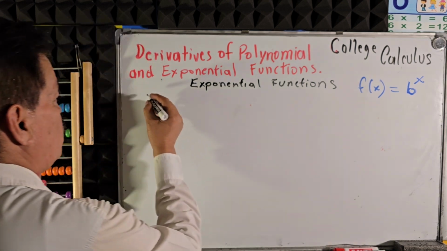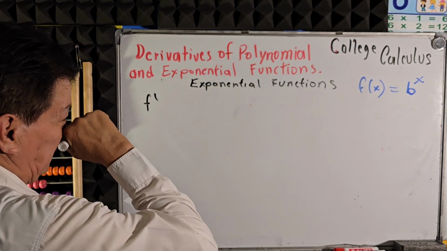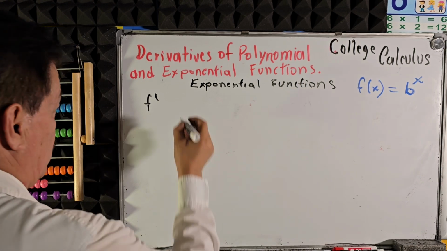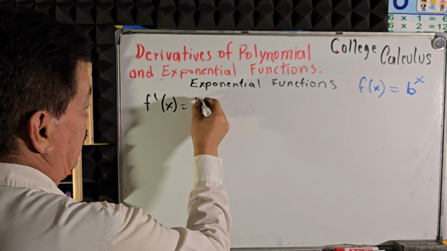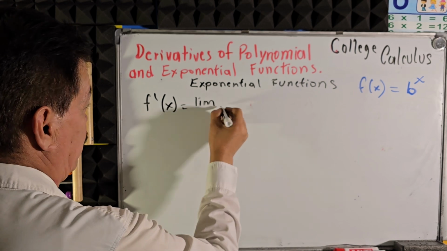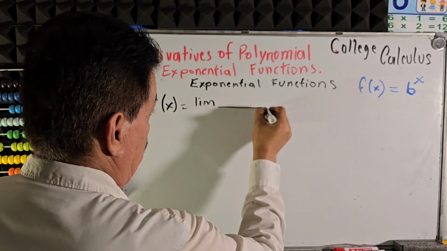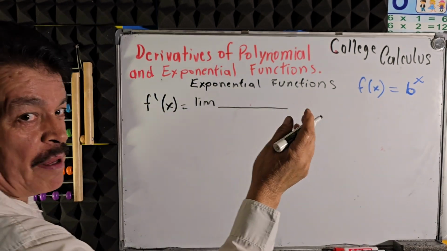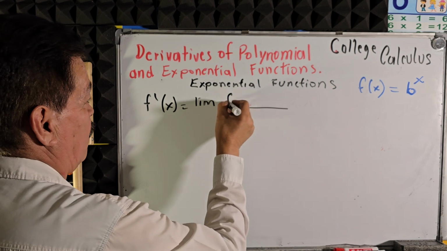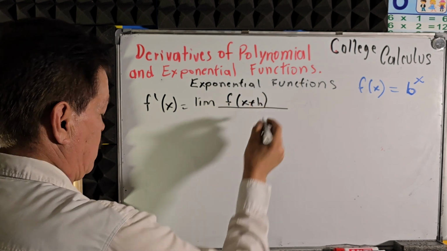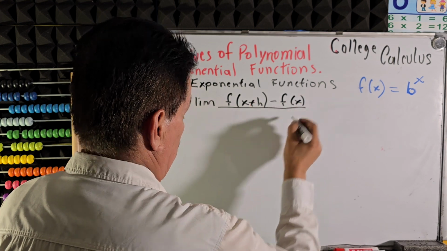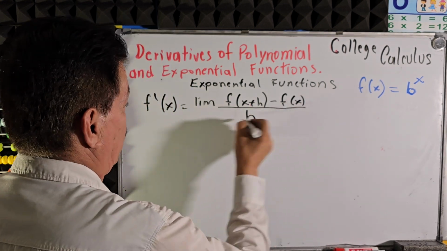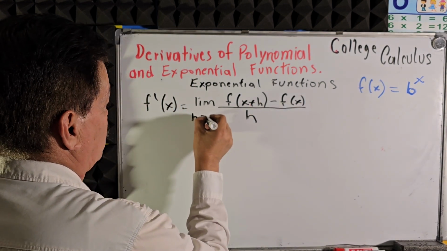When you use the derivative, you write f prime of x, right, equals the limit, let's remember from a long time ago, of f of x plus h minus f of x divided by h when h approaches 0.